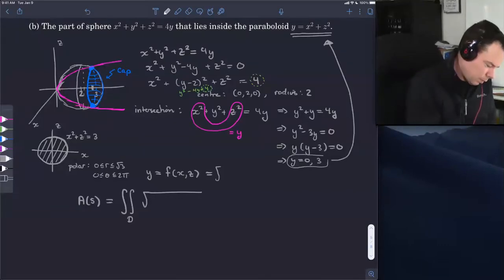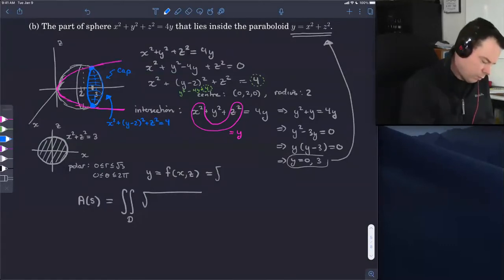So I will actually draw it in up here. We can write down our equation of the sphere. I'll use the completed-the-square version: x squared plus (y minus 2) all squared plus z squared is equal to 4. And so solving for y, we get (y minus 2) all squared is equal to 4 minus x squared minus z squared. Then we have to square root it to be able to get access to that y.